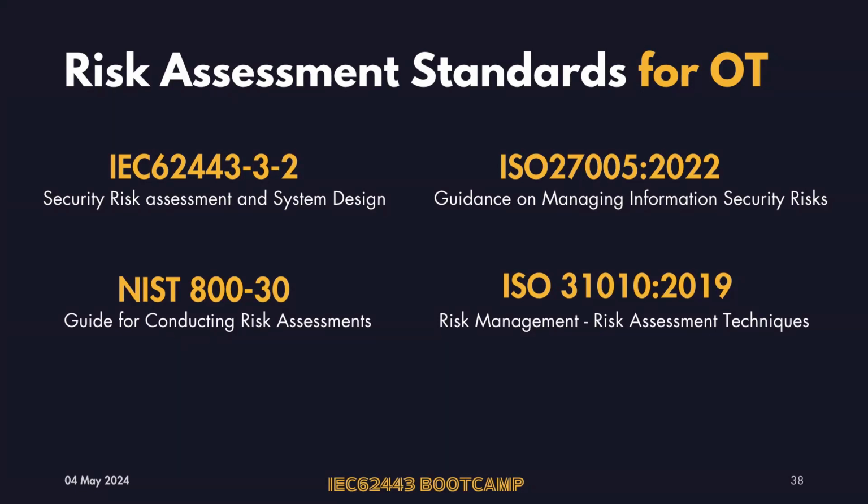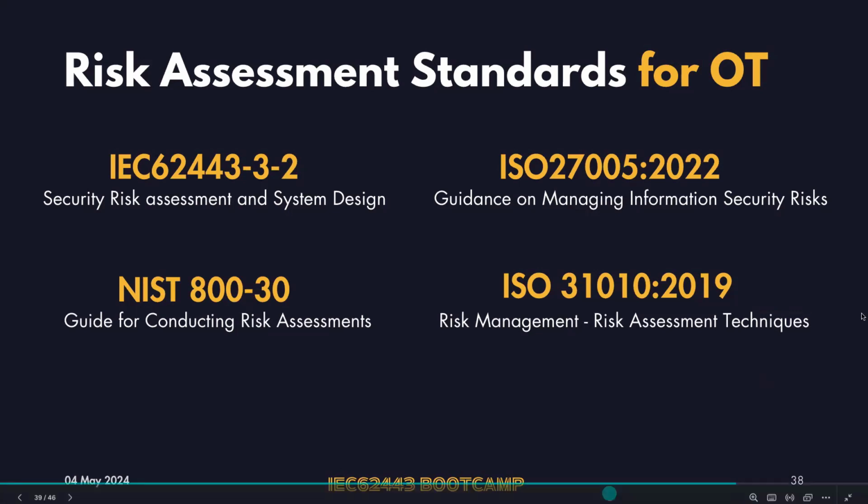Wherever you go, it says identify threats, identify the vulnerabilities, identify the consequences or impact, and then determine the risk. Once you have determined the risk, you identify the countermeasures, and then report all the risks identified. This is the same workflow you can find in all these four standards. But today, let's dive deep into the 3-2 standard.